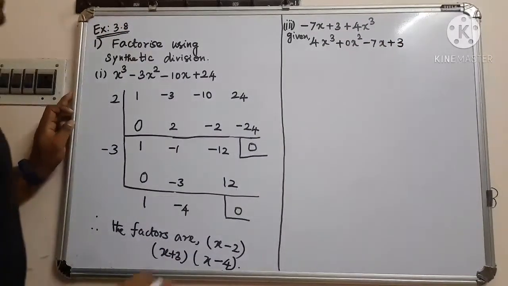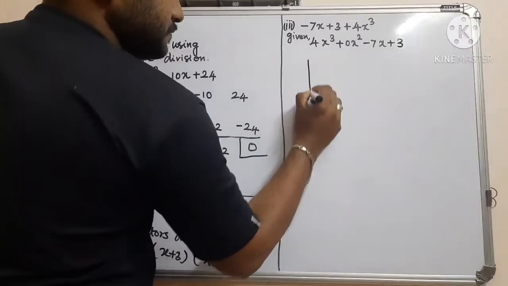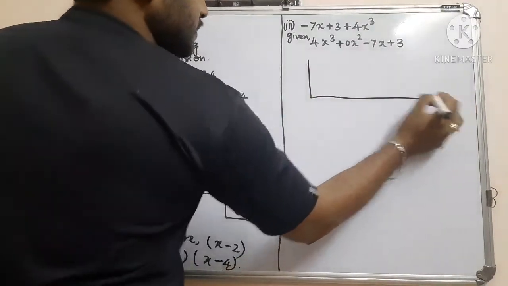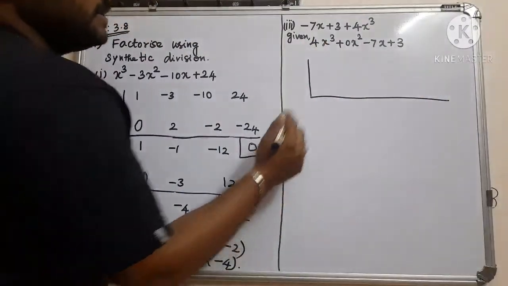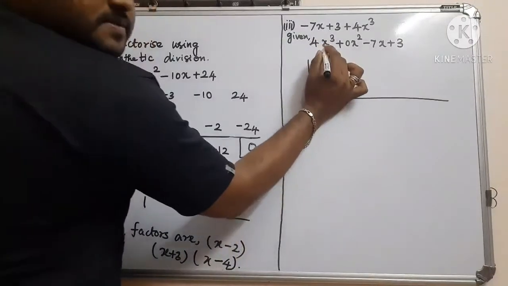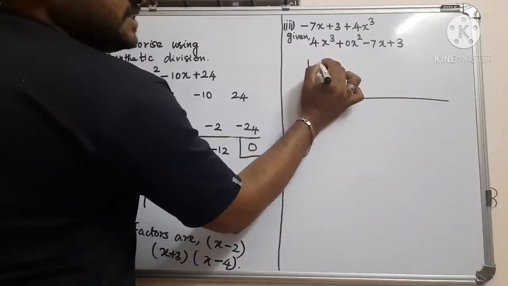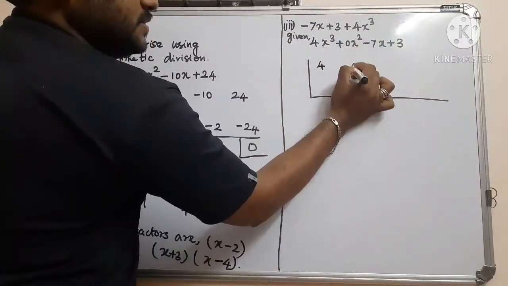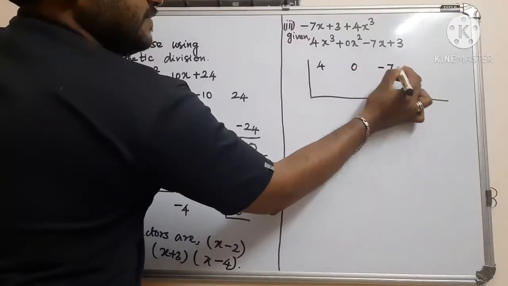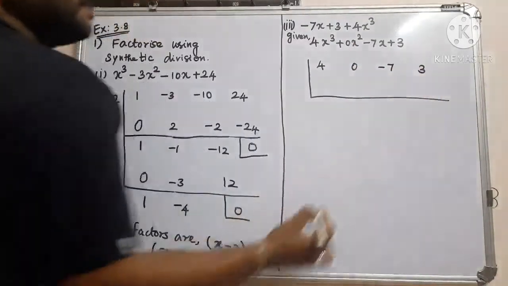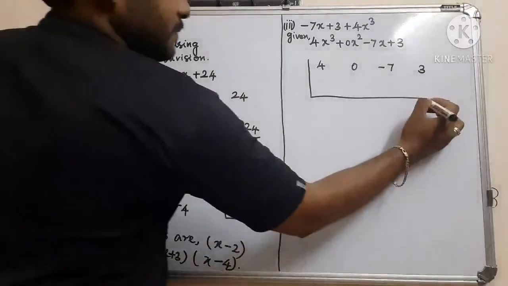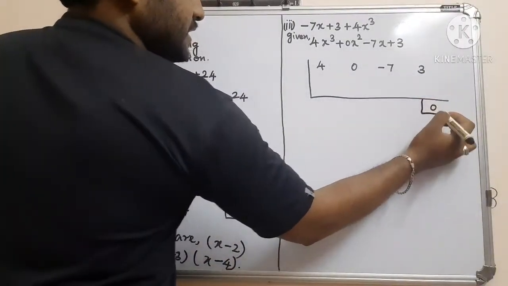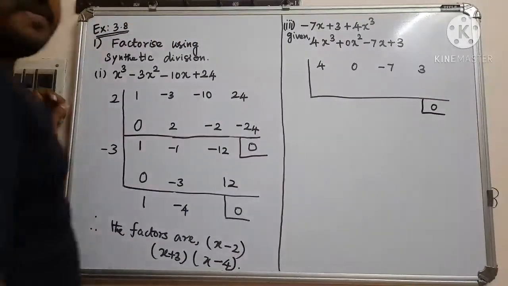So using the synthetic division method, you have to write the values of the coefficients. So 4, 0, minus 7, plus 3. So the remainder must be equal to 0. Then only that number should be taken as a factor.